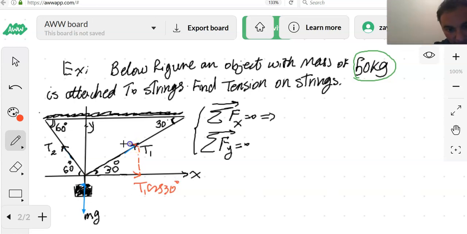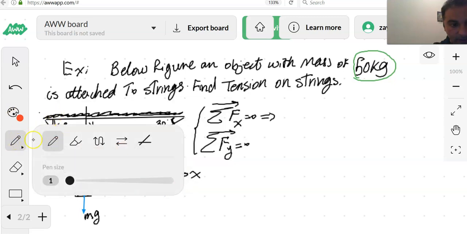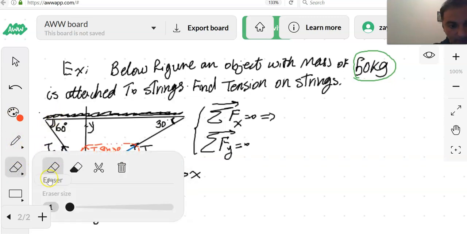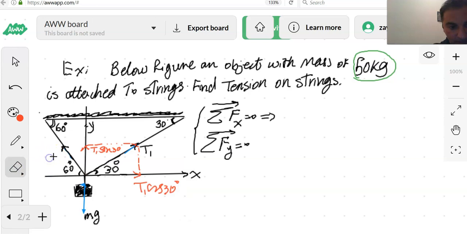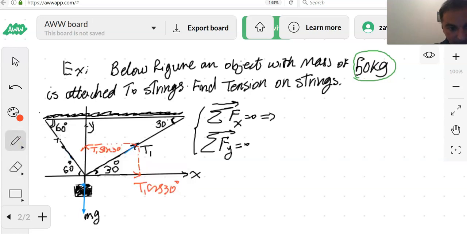And at the same time, this will be T1 sine at 30 degrees, right? And let's verify also the forces for T2. I am writing T2 a little higher.